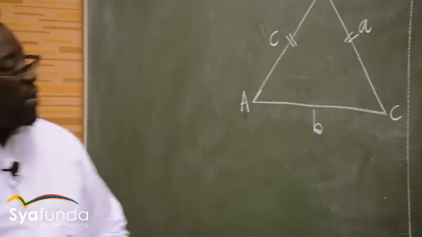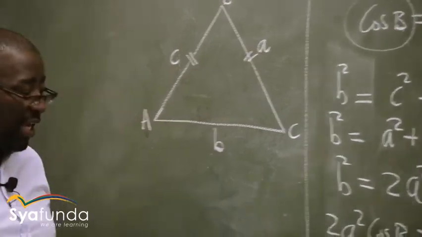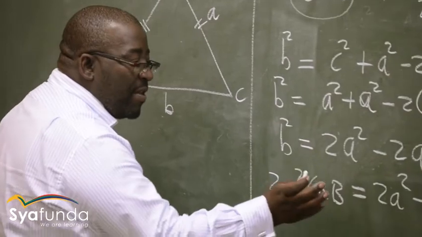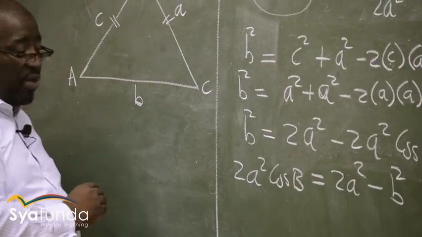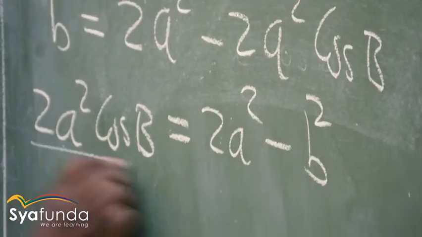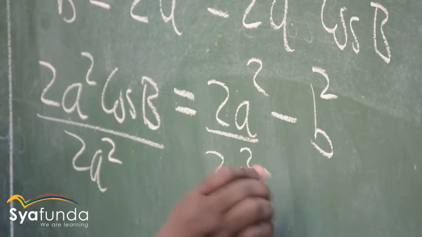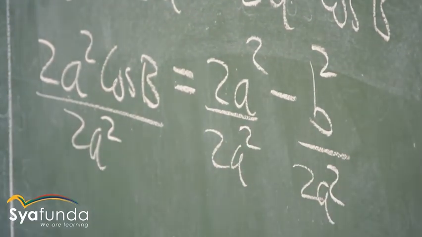We're just looking for cosine of b, cos angle B. So how do we leave cos B alone? We divide everything by the coefficient of cos B. In this case, it is 2a squared. So we divide by 2a squared this side. We also divide here by 2a squared, and we also do it on each and every term. Let's take this thing further.